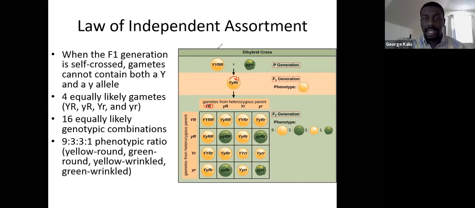Then we have big Y, little r, which we see here. Then we have our little y, big R, which we see over here. And then little y, little r, which we see over here.